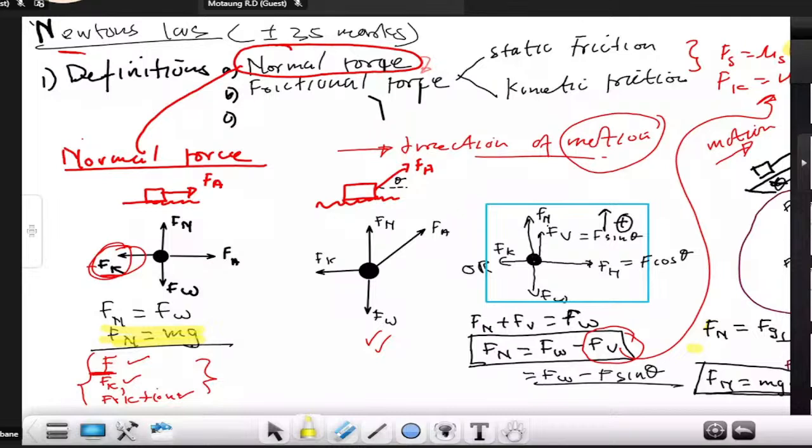Ayanda? Sir, next to Fn is equals to F gravitational force. The FV, what does it stand for? I'm a bit confused there. The F where? FV next to FW minus FV. Oh, the FV is for the vertical component of that applied force.